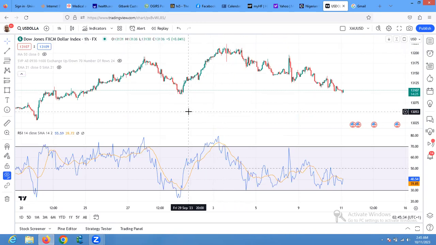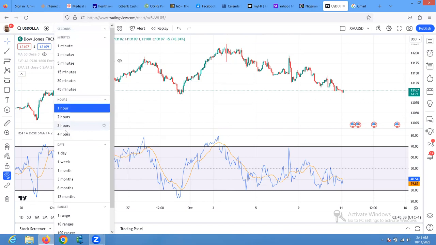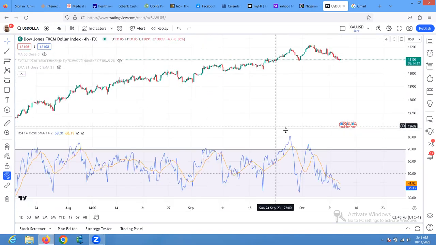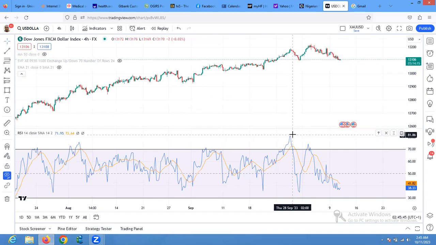This is 1 hour time frame. If we go to the 4 hour time frame now to look at that height, we can see that, yes, the height tells us at 3.3, that was where we got the highest height.